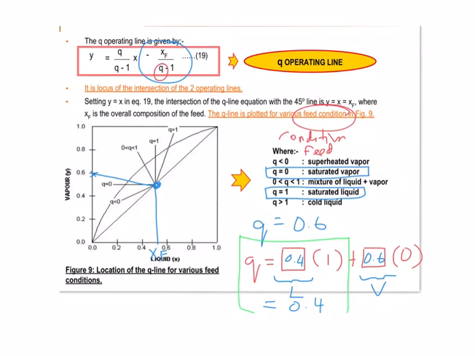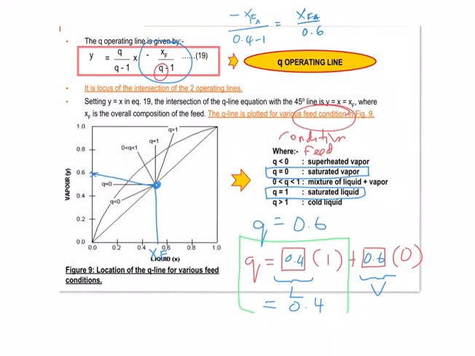Take the value, which is equal to negative xF over 0.4 minus 1. 0.4 minus 1 gives you a negative value, so this negative and this negative cancel off, leaving xF over 0.6.